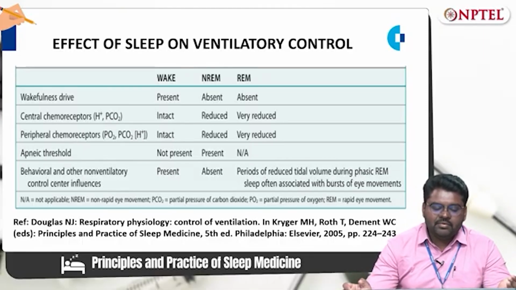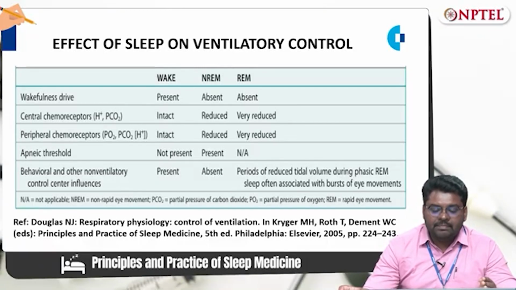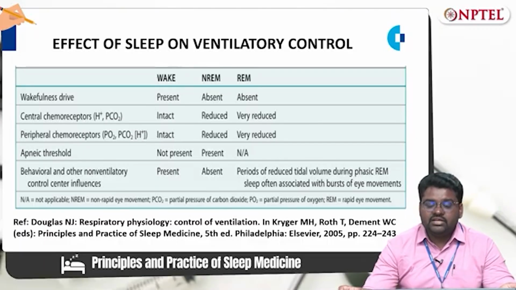Then central chemoreceptors. What are these central chemoreceptors? It's the adjustment of the circulation and respiration based on the pH and carbon dioxide level. That will be completely intact in a wake person, but it will be reduced in the NREM stage of sleep and it will be very much reduced in REM sleep.